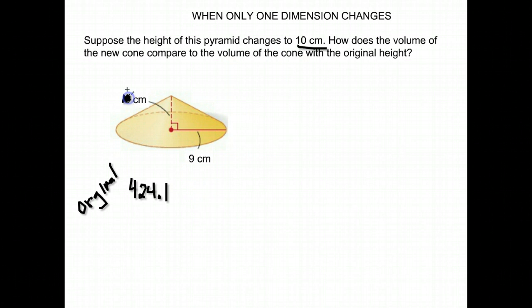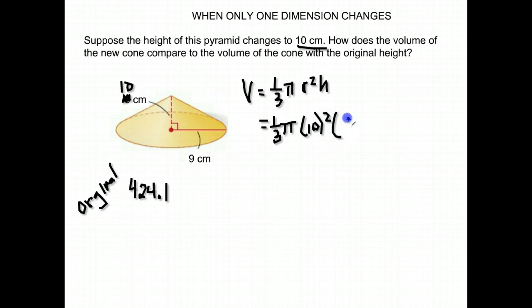So they want us to change our height to 10 instead. Calculate the volume again. Okay, so this time we have 1/3 pi times 9 squared times the height of 10.